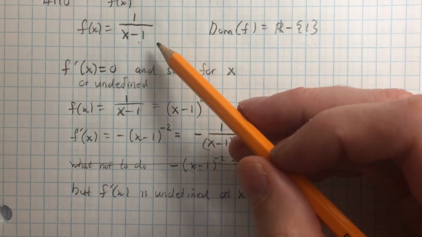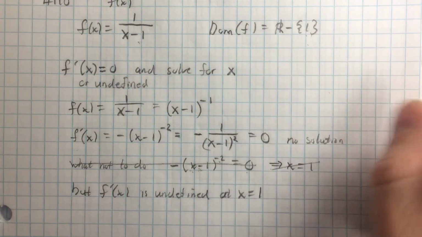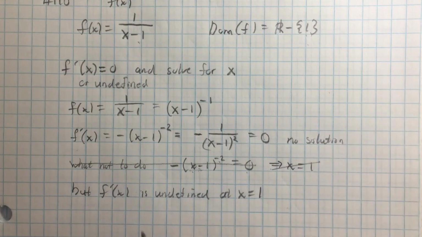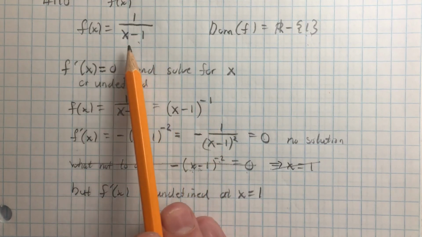Matter of fact, it's an asymptote, right? There's no function values there. So it does not concern us that the derivative is undefined there. Of course the derivative is undefined there. There's no function there to have a derivative in the first place at 1. So even though it looks like a critical value, we don't really consider it one because it is not in the domain of f at all.